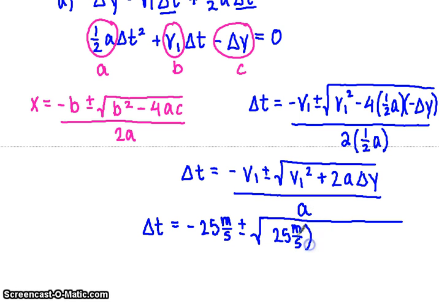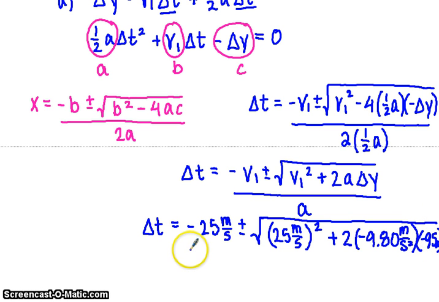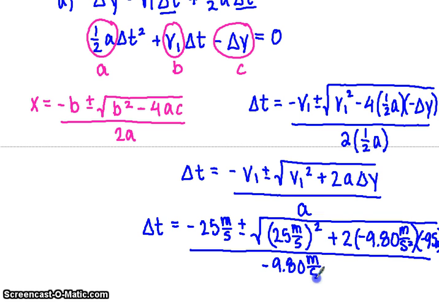You have to be careful about the signs for the givens. Like we're putting in a negative 9.80 meters per second squared and a negative 95 meters. And then we divide by a negative 9.80 meters per second squared.